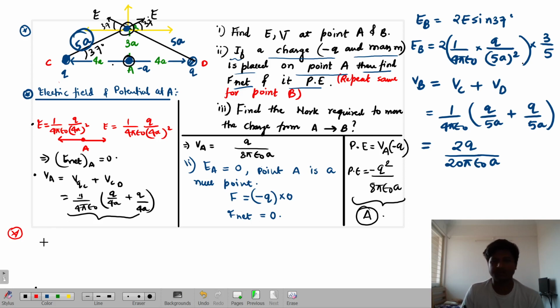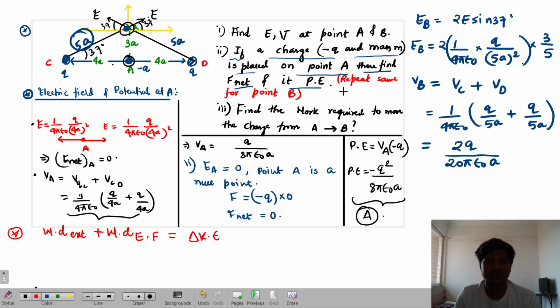Work done by all the forces: to move a charge I need an external force, so work done by the external force plus work done by the electric field should be exactly equal to the change in kinetic energy. The charge has mass, but we are not considering it moving in a gravitational field. Are you able to get it?